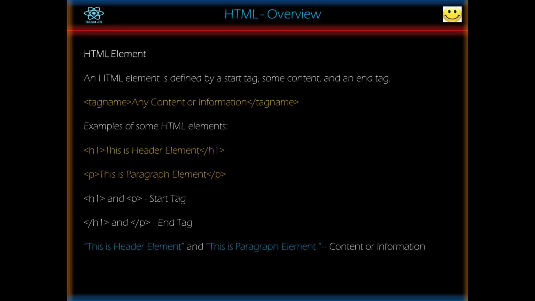You can see some examples of HTML elements below. H1, that is the opening tag, the tag name H1. Then you are able to see this is a header element, which is the content or information, and the closing of the H1 tag, you can find it is having a / followed by the tag name H1.